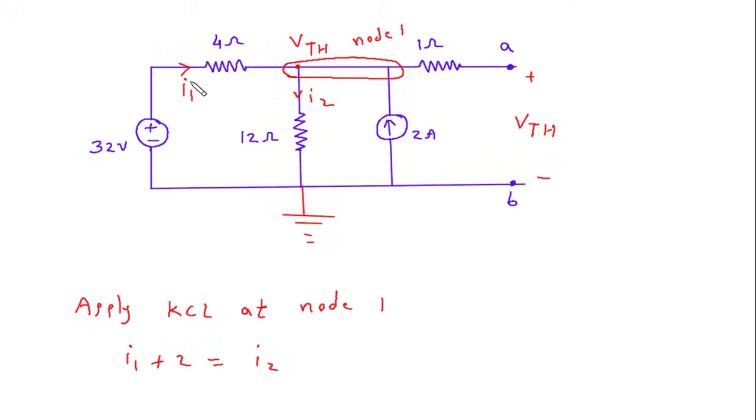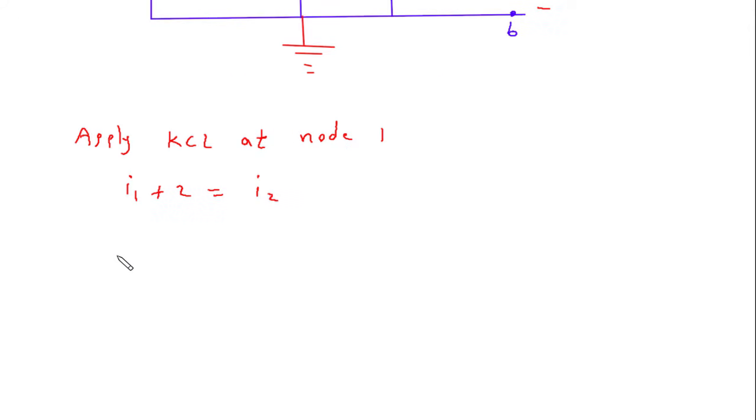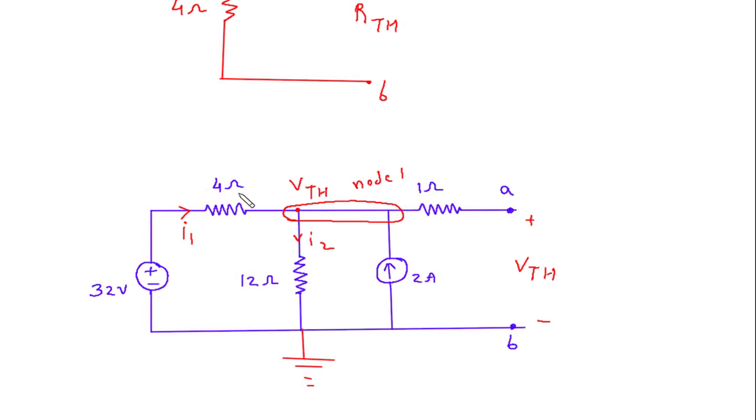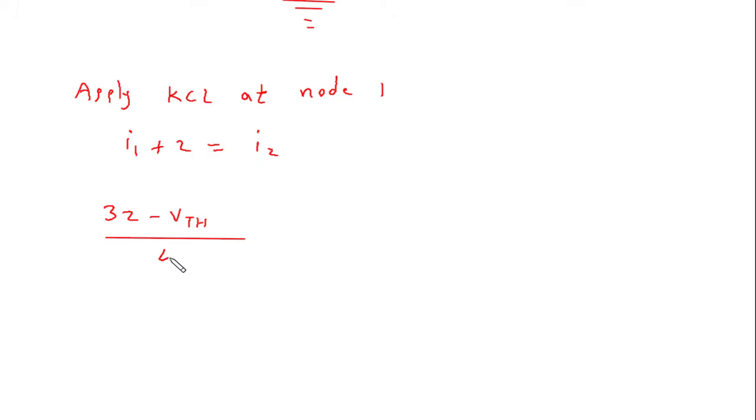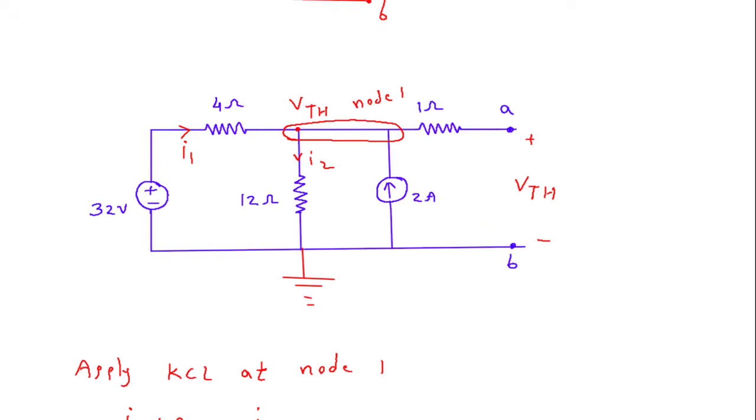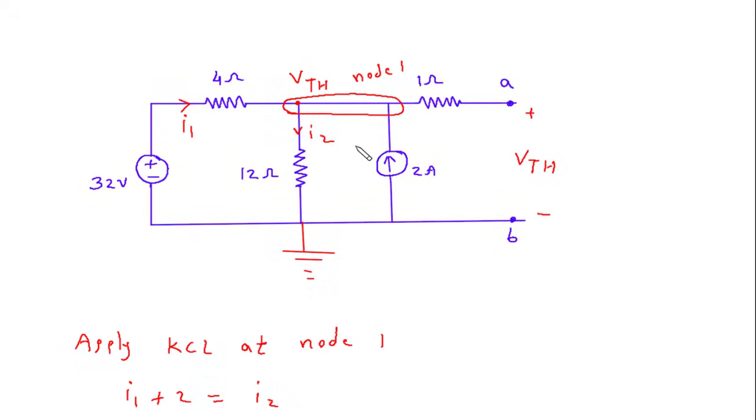So I1 will be 32 minus VTH by 4 ohm, plus 2 is equal to I2. Now this I2 is VTH minus 0 by 12.